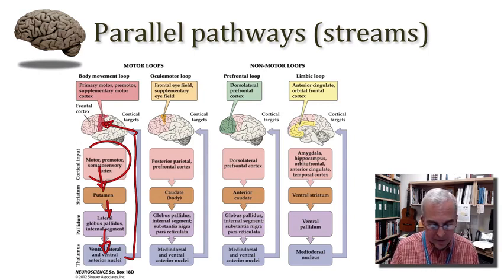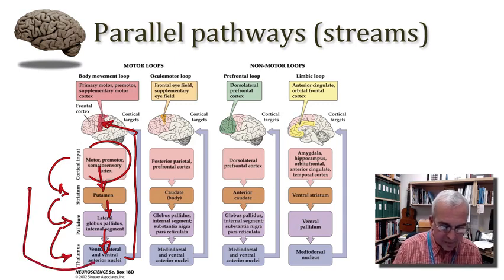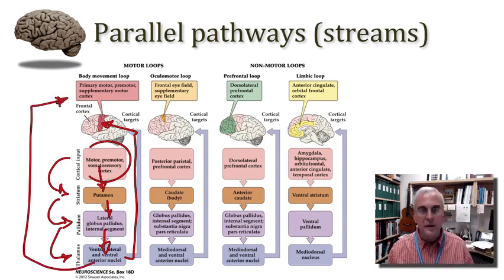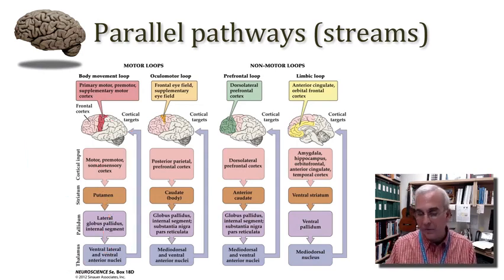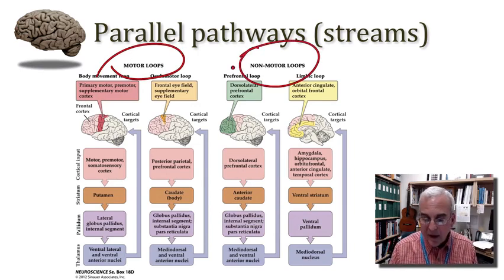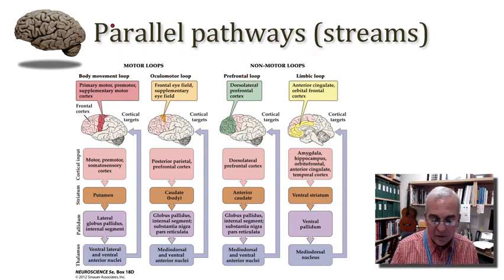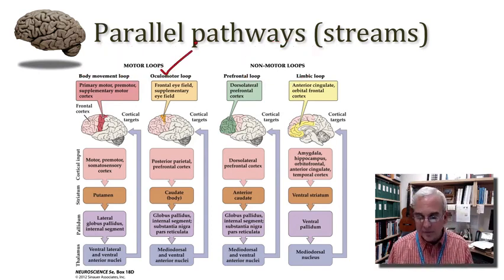So this same kind of theme of cortex to striatum, striatum to pallidum, pallidum to thalamus, and then thalamus back up to cortex is repeated in each of these processing streams. And we have something of a simplified view in front of us where we simply recognize that there are motor loops or motor processing streams and non-motor loops. The motor loops concern movements of the body, and there seems to be a dedicated processing stream for movements of the eyes.